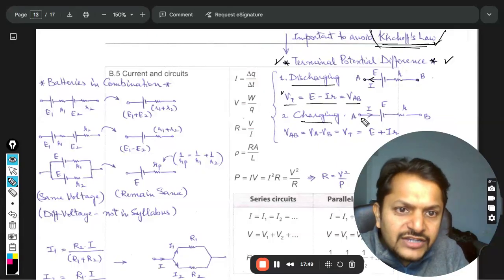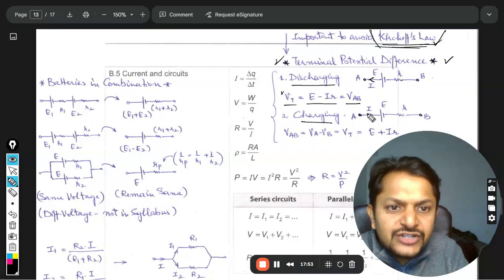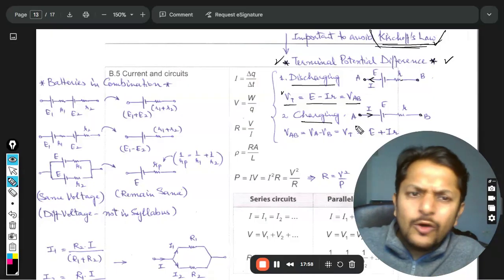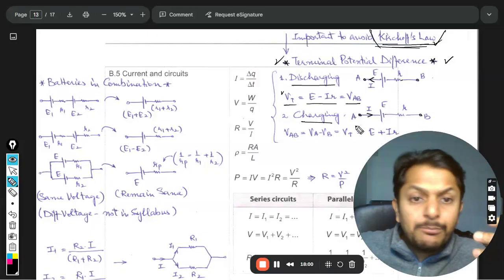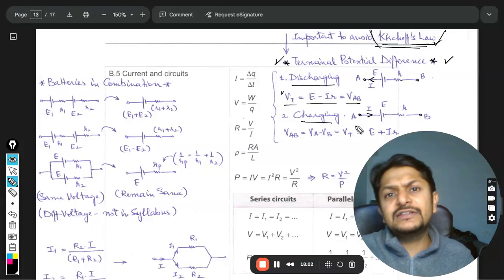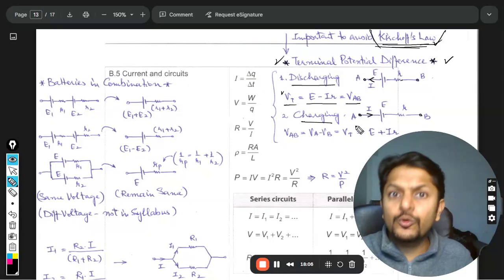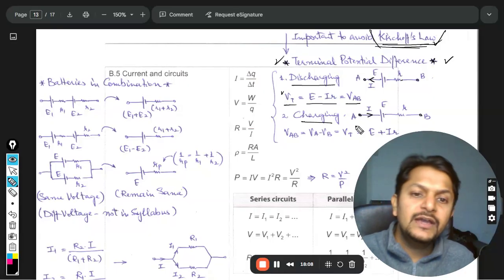And for the charging, this point is A, this point is B. Charging means that current is entering into the battery. Usually, only the first formula is important, but in IB, both of the formulas have been used sometimes. Even in the paper one kind of questions, both of the formulas are used.